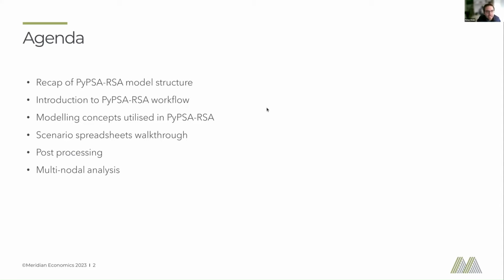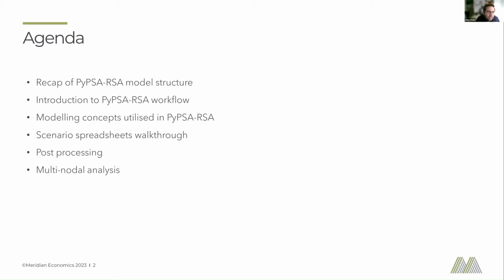Okay, great. So in terms of the scope of work for today, we're going to be looking at just a quick recap of what the PyPSA-RSA model actually entails, and how the model is structured. I'm going to then take you through a little bit of the workflow and how you can approach setting up the model and how you would run that in Python and using the Snakemake workflow.